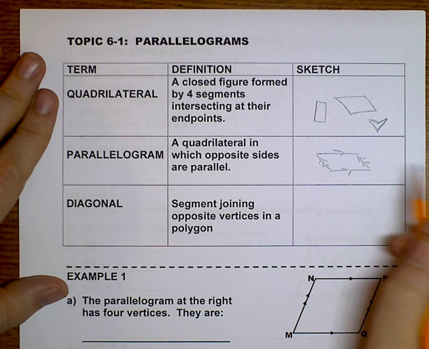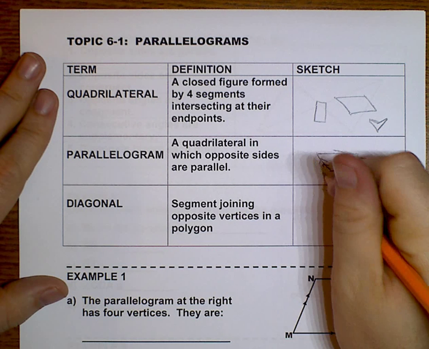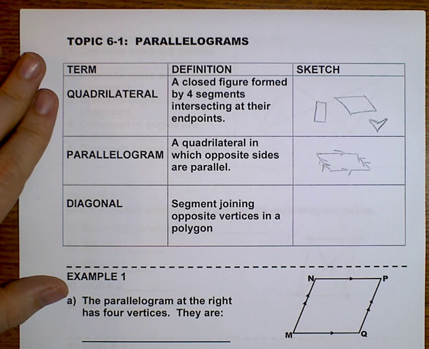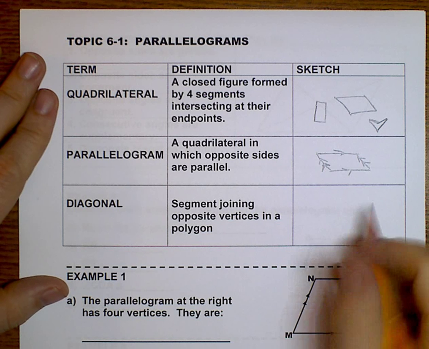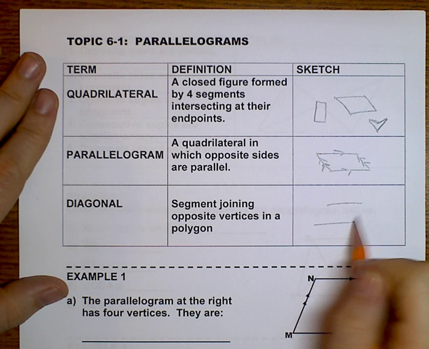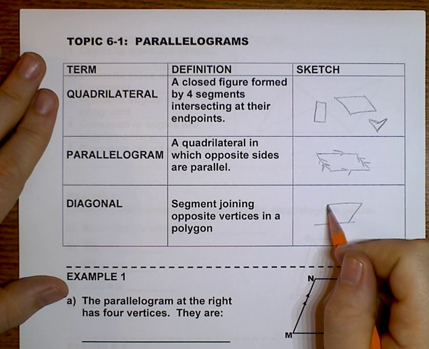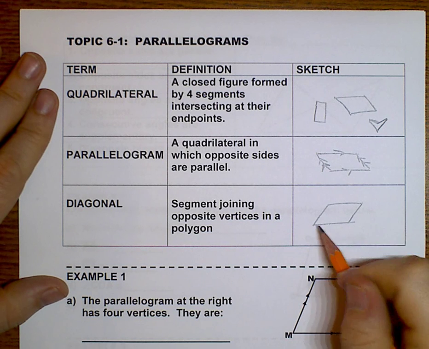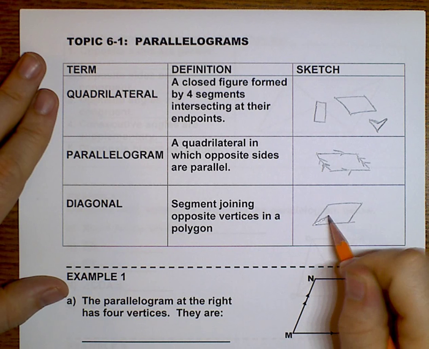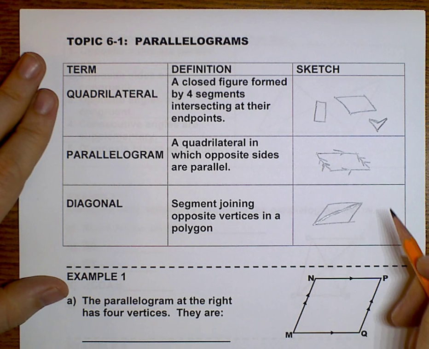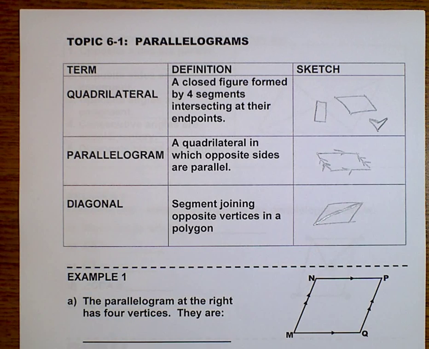Okay. So any quadrilateral where my opposite sides are parallel. And then diagonal, if I draw my quadrilateral, is any line that cuts across the parallelogram.